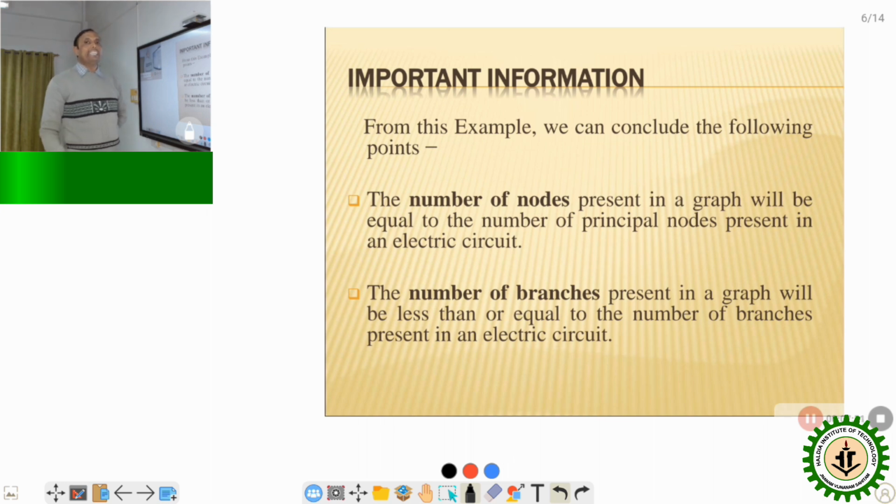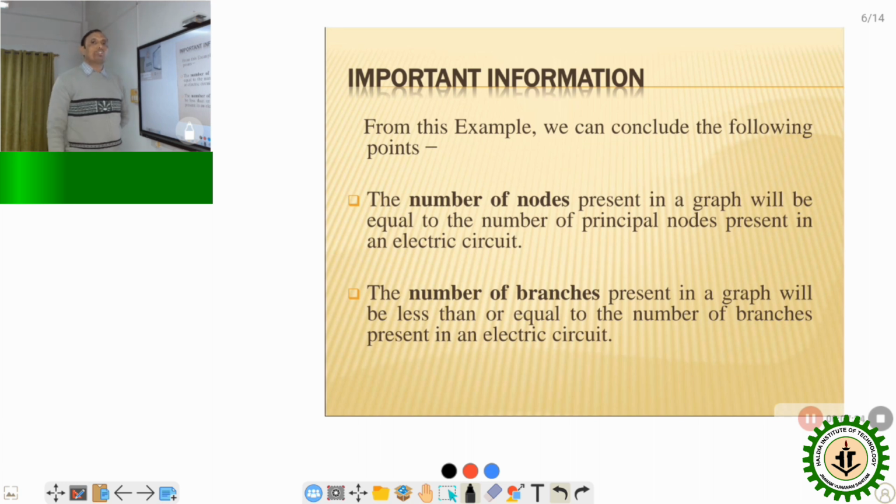Why? Because if any current source is there in the original circuit, it will be open circuited. That means that branch will not be present, so the number of branches in the graph will be either equal or less than the number of branches in the original circuit.